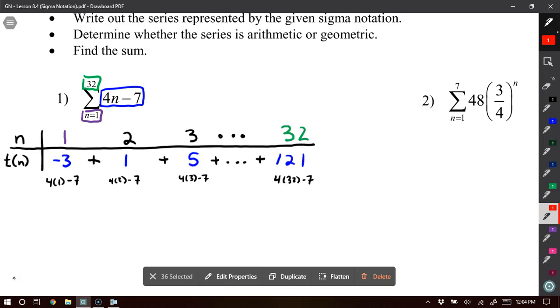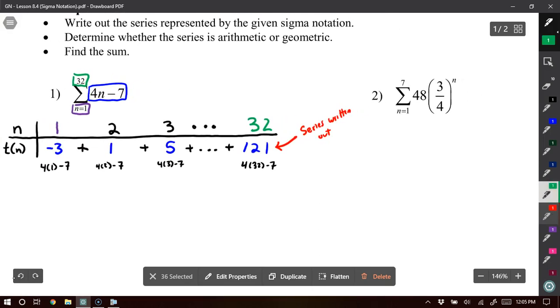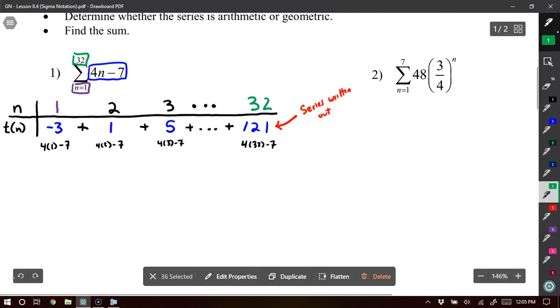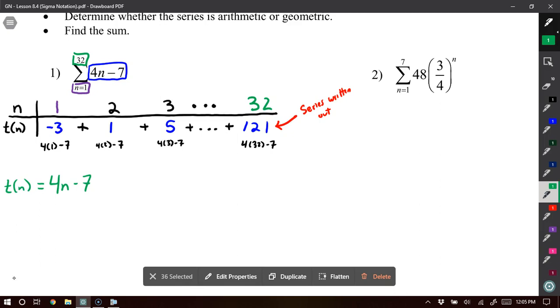Write out the series represented by the given sigma notation. This right here with the plus signs, all the way from the first term to the last term, this is your series written out. You are expected to know how to generate that. The second part is determine whether it is arithmetic or if it's geometric. I like to look at just the expression. This setup, 4n minus 7, if I write it as t of n equals 4n minus 7, this looks like slope-intercept form for us.